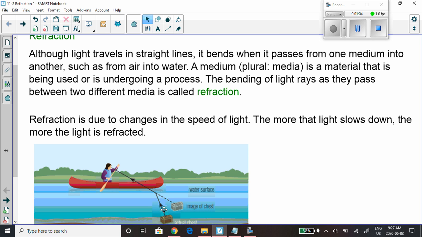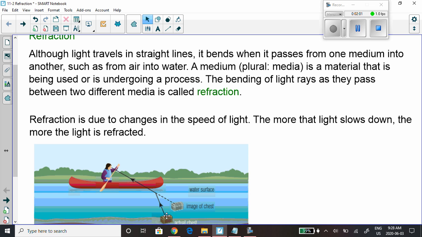So it's going to travel in a straight line until it gets to the boundary between the water and the air. So now the light hits the boundary, hits the air, and when it does that, it refracts. Now, refraction is a scientific term for the word bending.